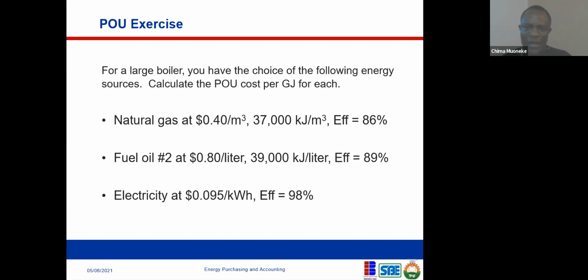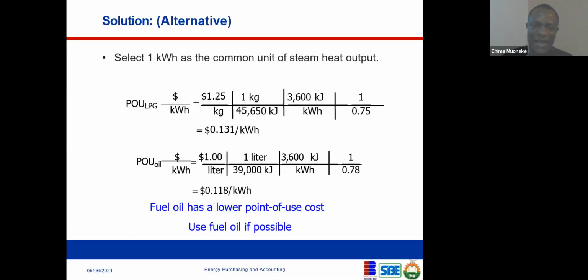So for the natural gas, let us do this. You can draw your line, your cross line. Then the first thing you're going to put is $0.40, then underneath you put meter cube. Have you done that? Just like we did here, we wrote 1.25, then underneath we had kilogram, which is what we were given in the question.